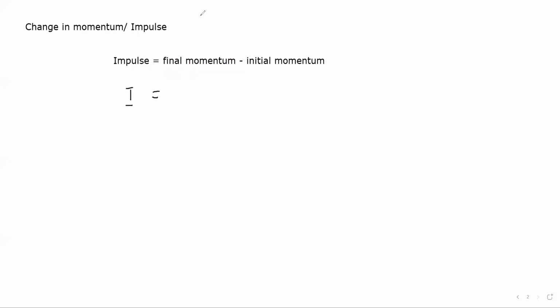For the final momentum, if there's an object of mass m, it might change direction. If it does not change direction, and the initial velocity is u, the final velocity will be v. That is one possibility. But there's also another possibility, that the direction of the motion might change.